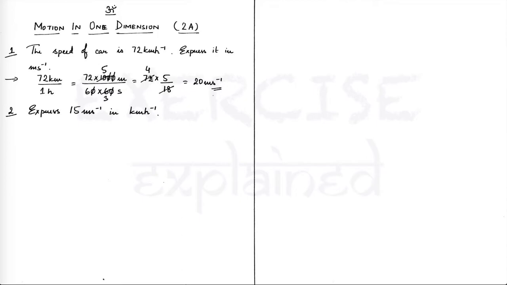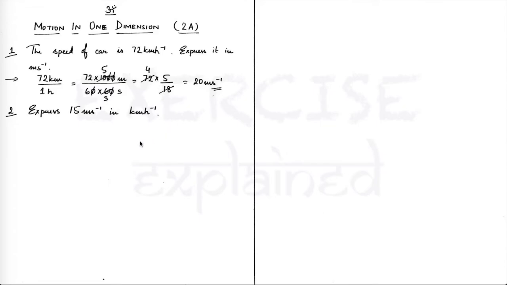Now 18 into 4 is 72. So I cancel 18 and 72 and 4 into 5 is 20. So we get the value as 20 meter per second. So the most important thing what you have to remember about this question is when we are converting from kilometer per hour to meter per second, we need to multiply by 5 by 18.